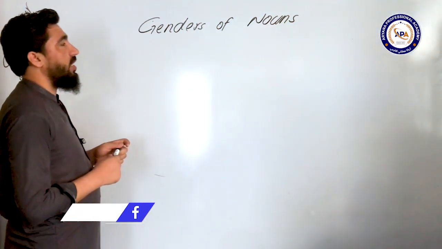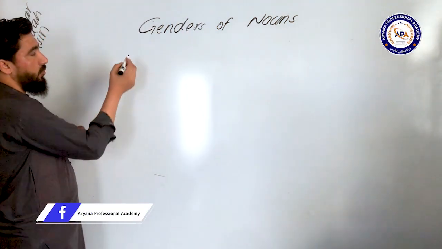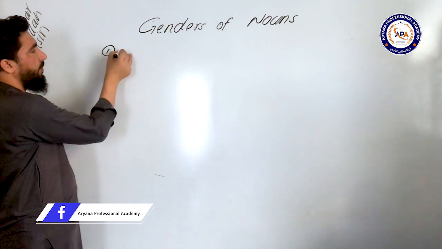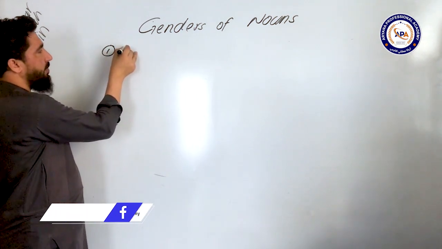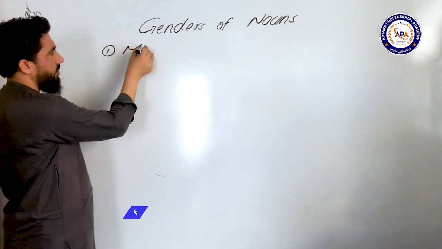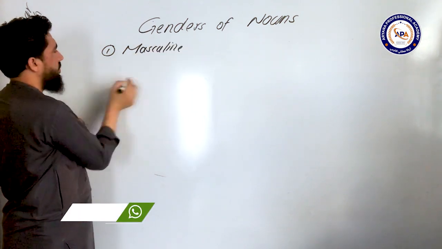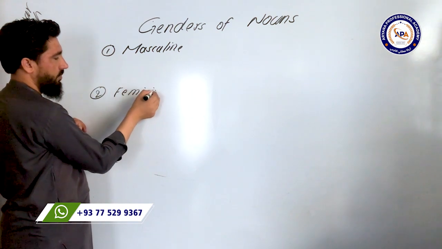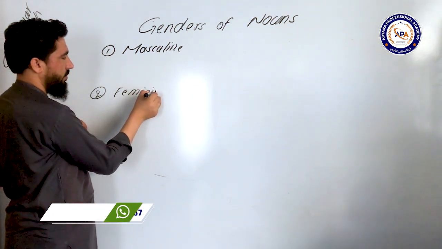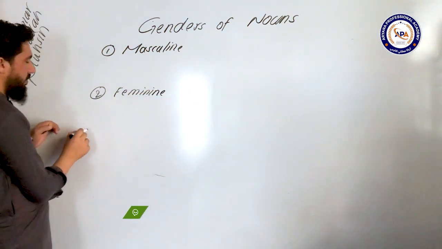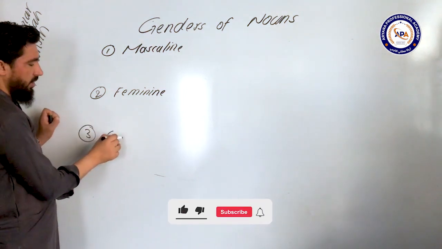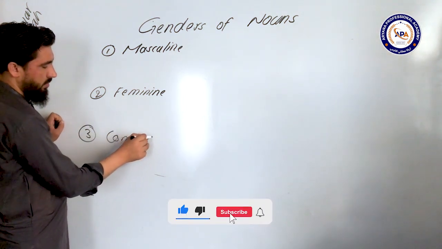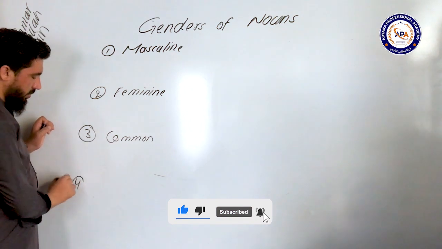Here we study four genders for a noun: masculine, feminine, common, and neuter.